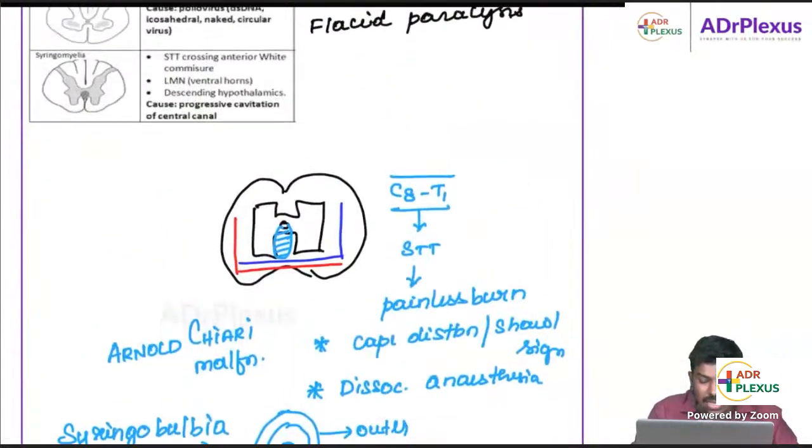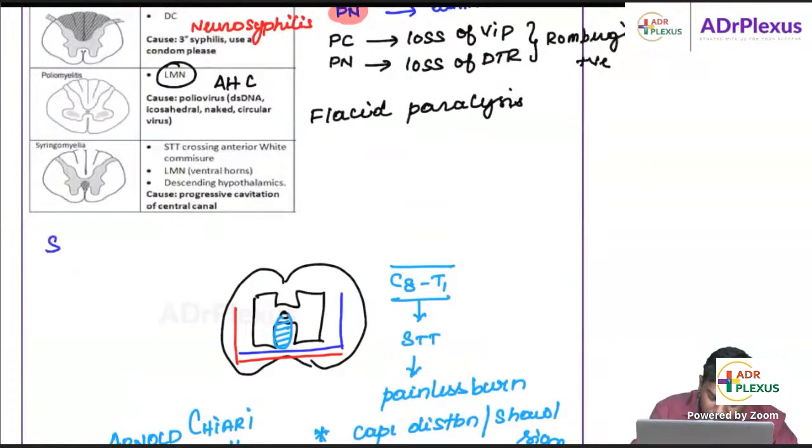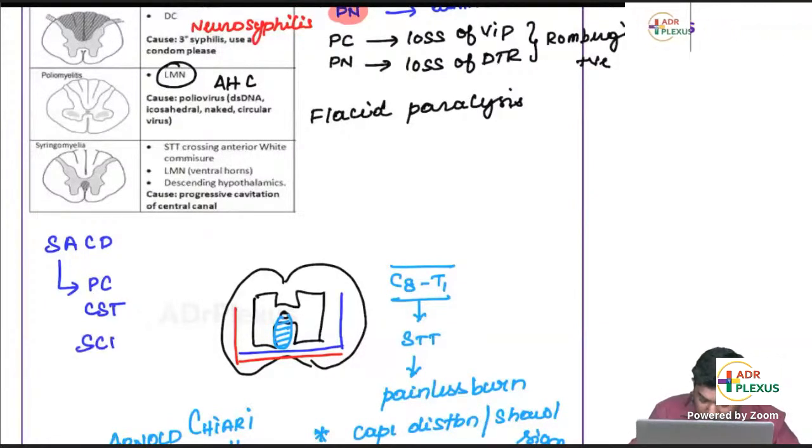See, SACD is subacute combined degeneration, right? In subacute combined degeneration, it is going to involve the posterior column, the corticospinal tract, okay, and it is very rare to get involvement of the spinocerebellar tract. If the spinocerebellar tract is involved, then it is more of Friedreich's ataxia.